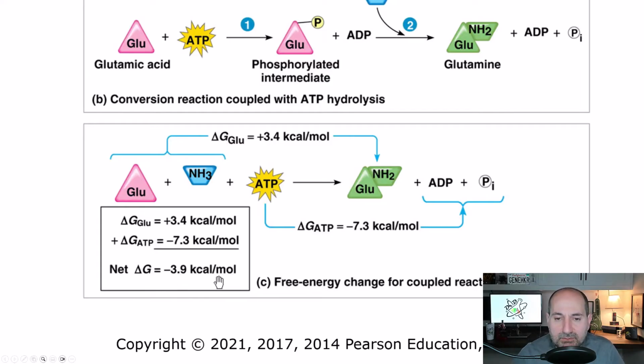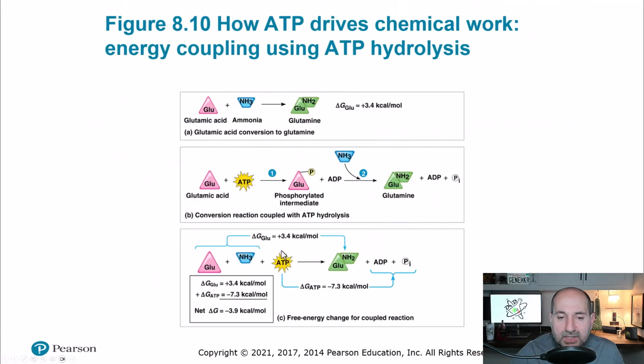But you can see what the benefit of having ATP lying around is. Anytime the cell wants to do work, such as make glutamine, which requires energy, it can cleave an ATP molecule and use that energy that's released to do the work. This is known as energy coupling. When an exergonic reaction, such as cleaving ATP, releases energy, and you use that energy to drive an endergonic reaction, like making glutamine, this is known as energy coupling.